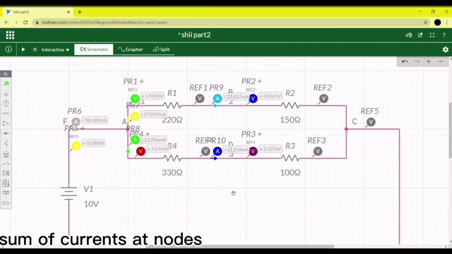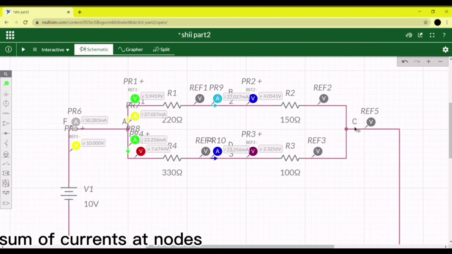Next, to measure the sum of currents at nodes, IAB and ICB are basically the same because R1 and R2 are installed in series. So the measured value for IAB and ICB is 27.027.